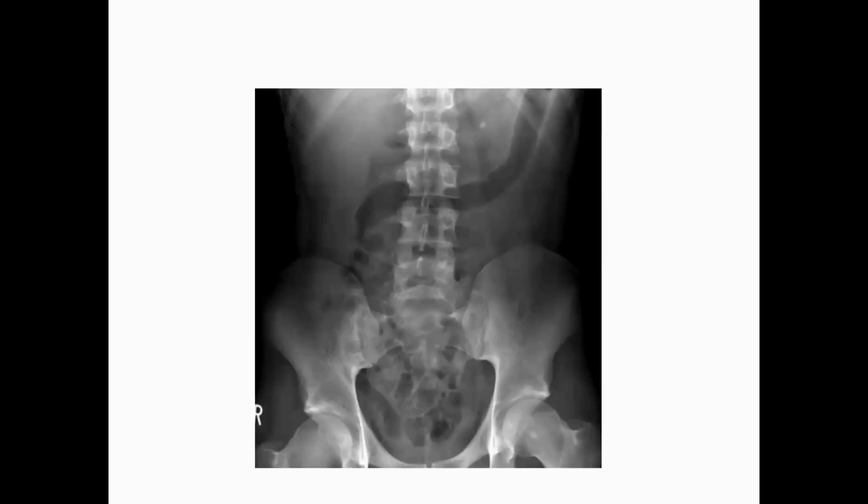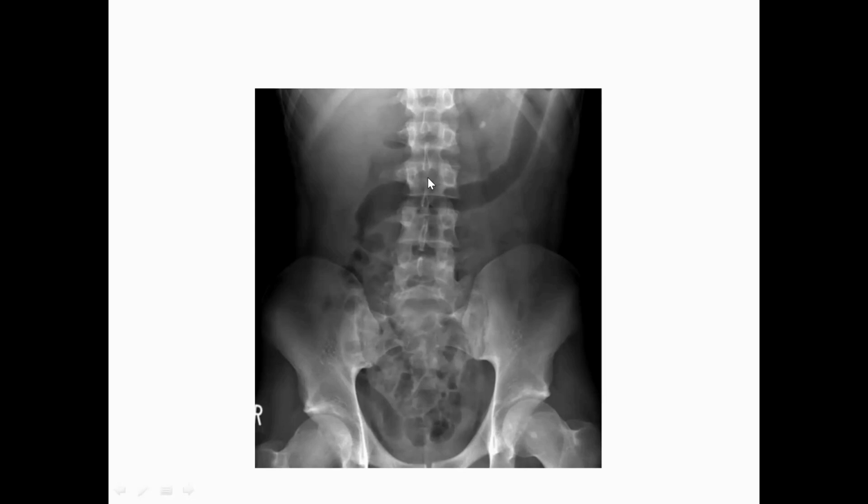Here we have other features. These are all features when there's an advanced stage of ulcerative colitis. You can see all of these features very commonly when you are working in the gastro department. So how are we going to describe this?